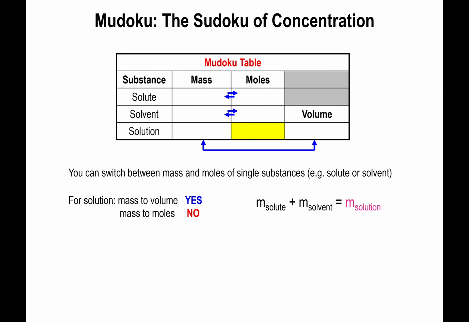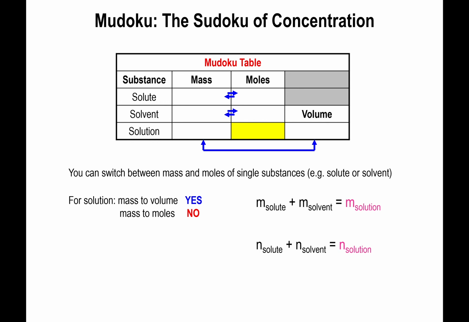Now, in order to address the issue of the solution, what we have to keep in mind is that solute plus solvent equals solution. And this applies to mass, and it does apply to moles. So we can actually write 2 equations relating to that relationship. The mass of the solute plus the mass of the solvent equals the mass of the solution. And by the same logic, the moles of the solute plus the moles of the solvent equals the moles of the solution.